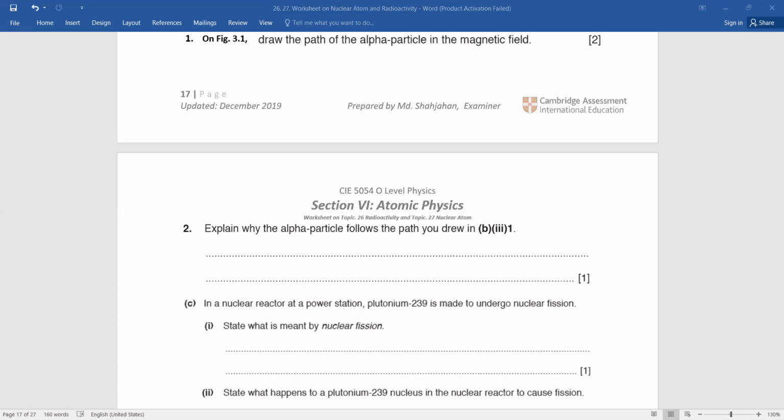You can write directly that by following Fleming's left-hand rule or motor rule. Okay. Yes, sir. Following Fleming's left-hand rule.